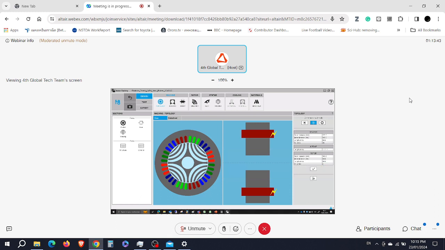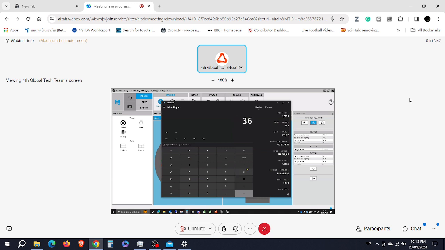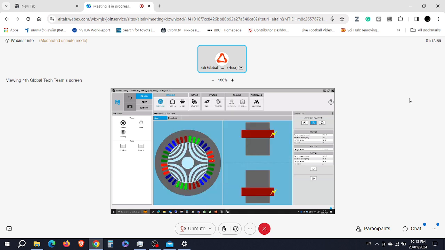So if I put 36 divided by 4 divided by 3, I do have 3 slots per pole and per phase, and you can see them here. Each phase will use 3 slots. So input, output, input, output, as we said previously for a 4-pole machine.